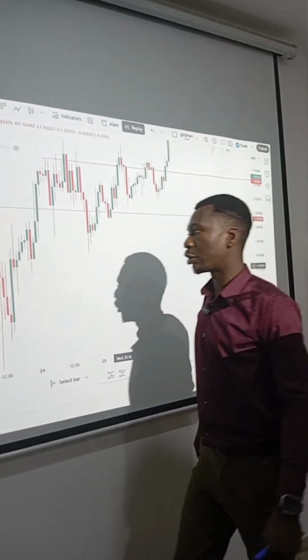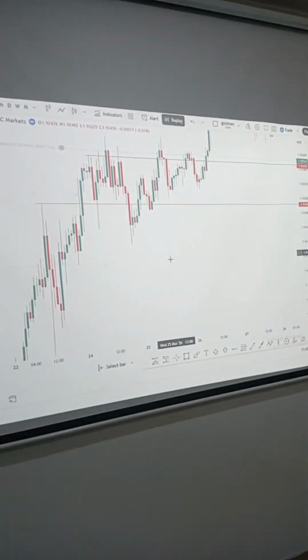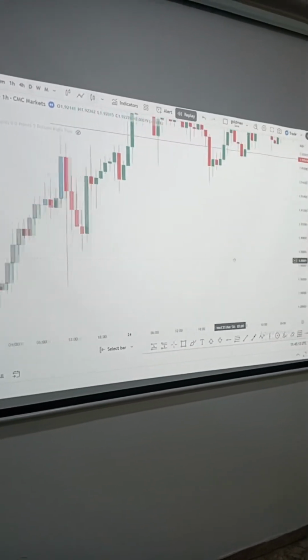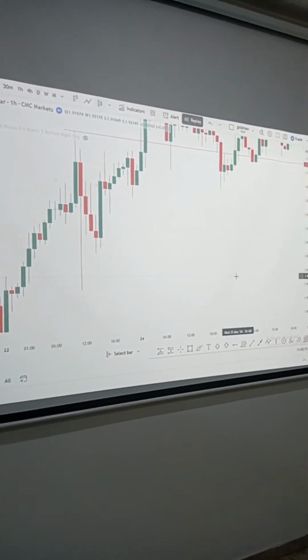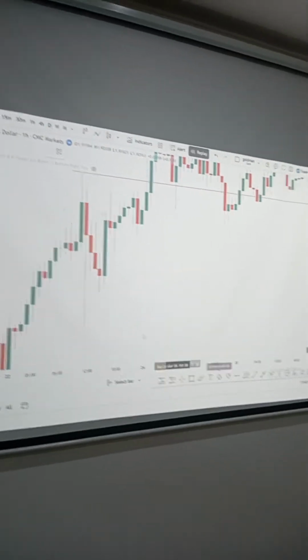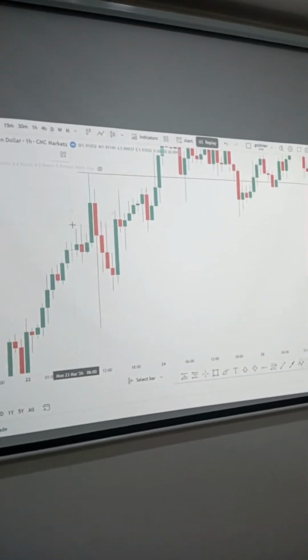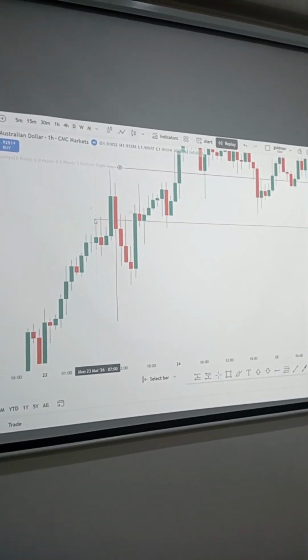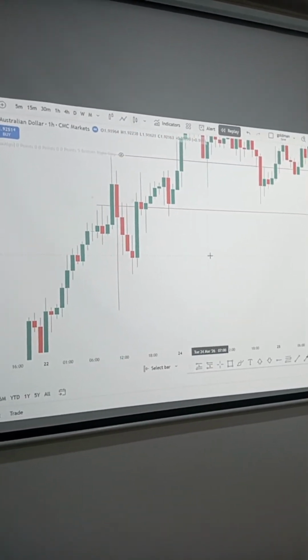Can you see another area of confluence? Can you see another one? Anybody? Can you see it?